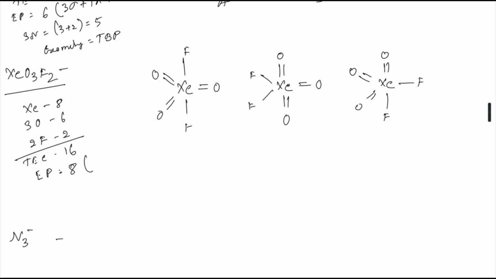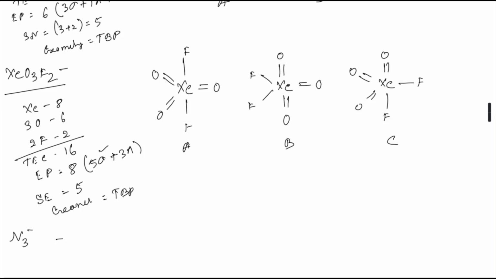For this 8, it will be 5 sigma plus 3 pi. So steric number equals 5. Now the geometry will be TBP.